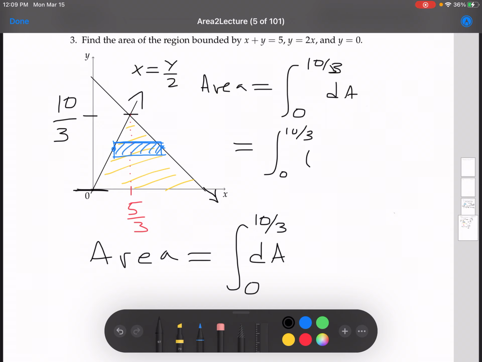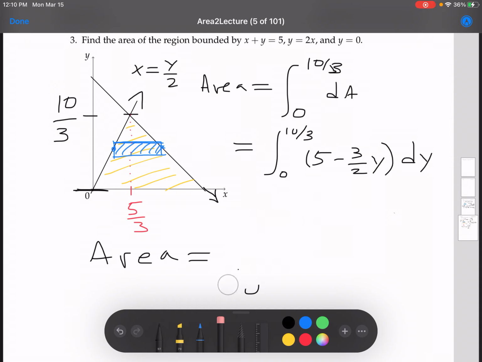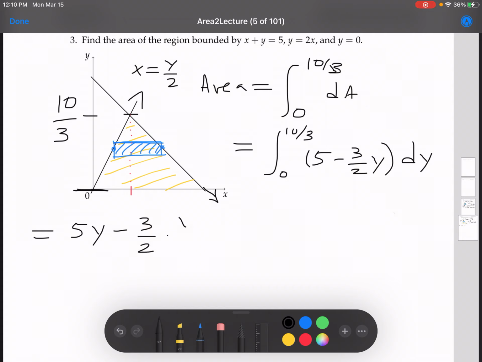Remember, dA was 5 minus 3/2 y dy. So antiderivatives, we have 5y minus 3/2 times y squared over 2, evaluated from 0 to 10/3.